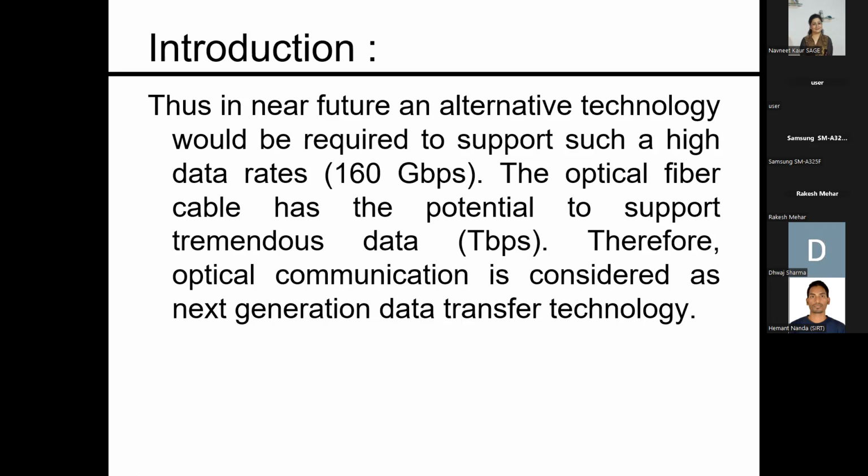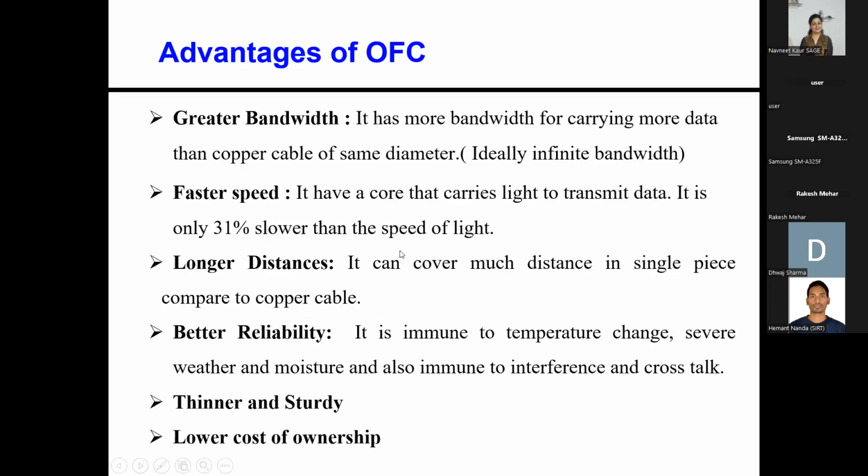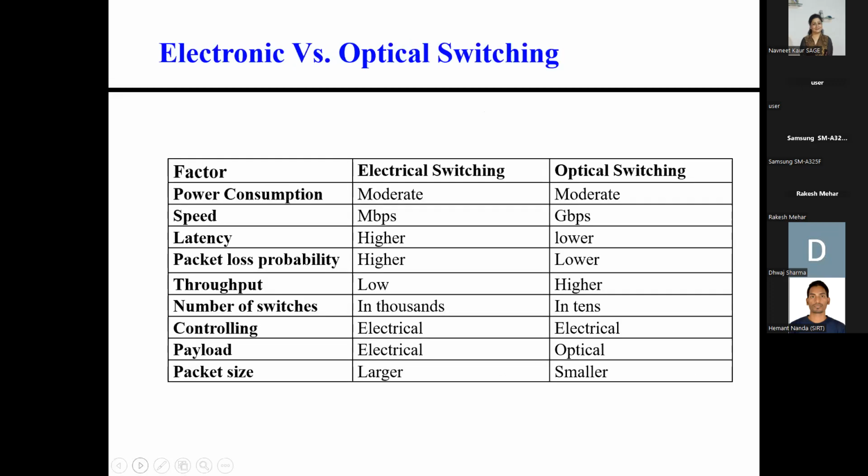And in optical fiber communication, we know that the bandwidth is practically infinite and the data rate is as high as 160 Gbps, meaning Tbps speeds can be fulfilled. These are some advantages we all know: greater bandwidth, faster speed, longer distance, better reliability.